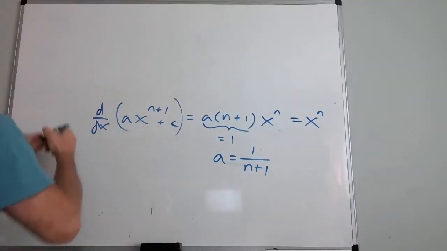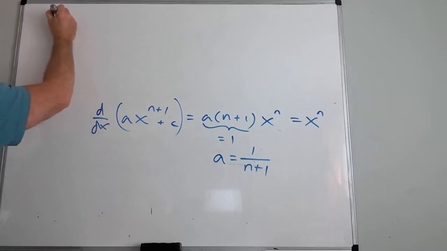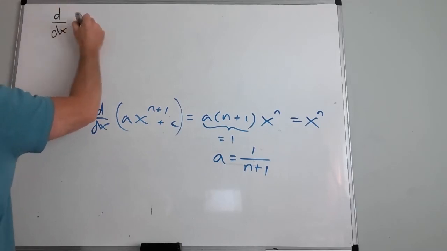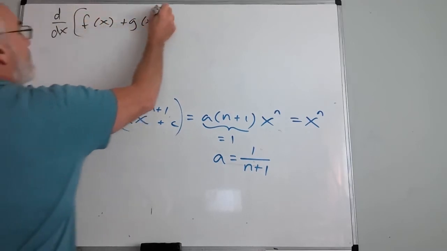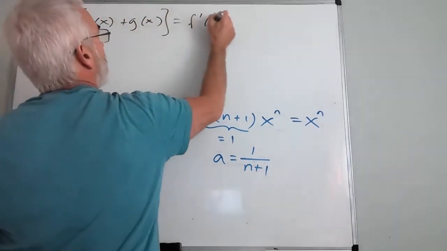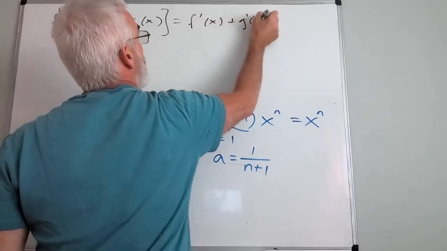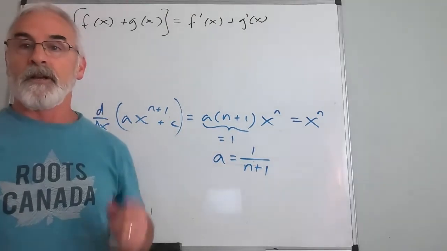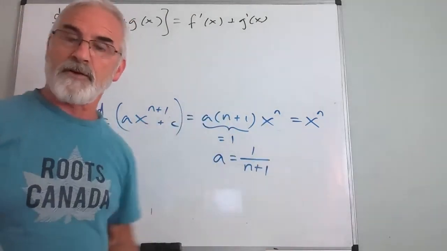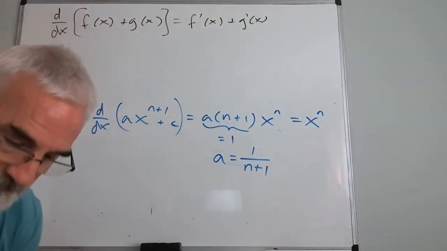Okay, we know the following, that the derivative of f of x plus g of x equals f prime of x plus g prime of x. We know this. We proved this really early on. We had to use limits, actually. The derivative of a sum is the sum of the derivatives. So now here's the question.